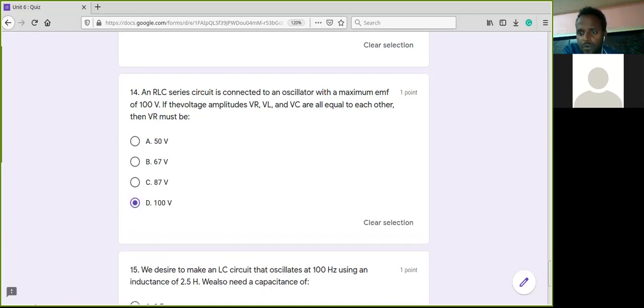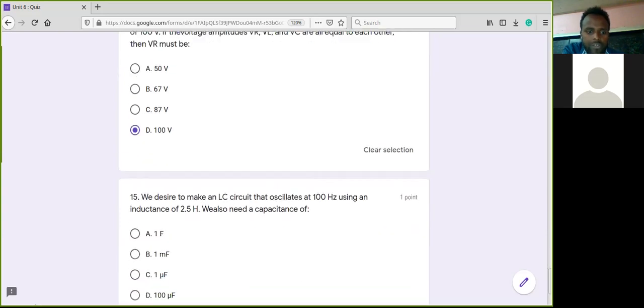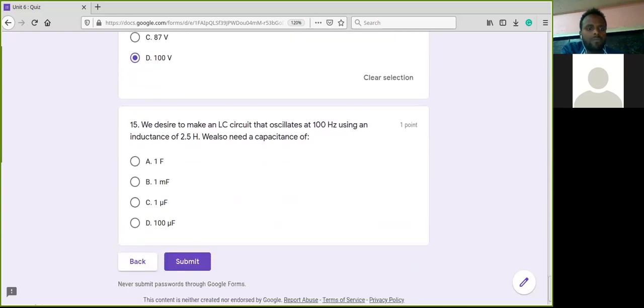Good. Let's see the last question for this quiz. We desire to make an LC circuit that oscillates at 100 Hertz using an inductance of 2.5 Henry. We also need to find the capacitance.